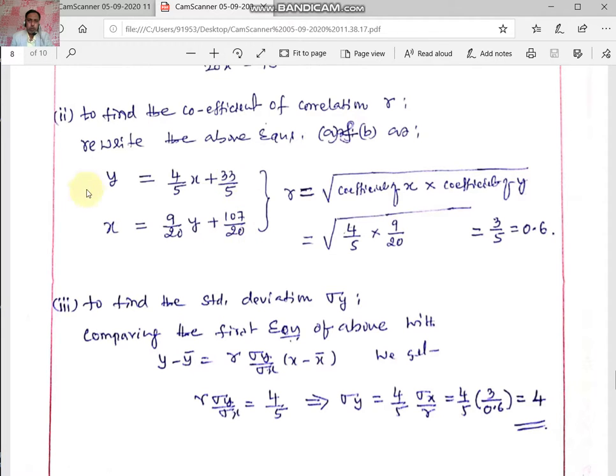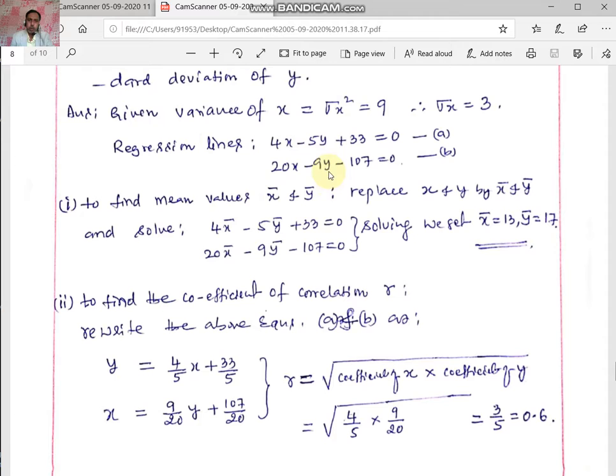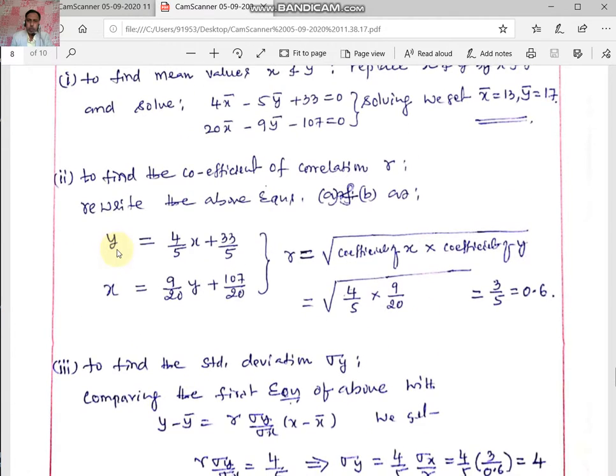Now, we observe that the given regression lines are these two. We have written them in standard form, y is equal to some constant into x. This is called line of regression of y on x, and the second one, line of regression of x on y. So easily we can make out the coefficient of x in the first equation is 4 by 5, and the coefficient of y in the second equation is 9 by 20.